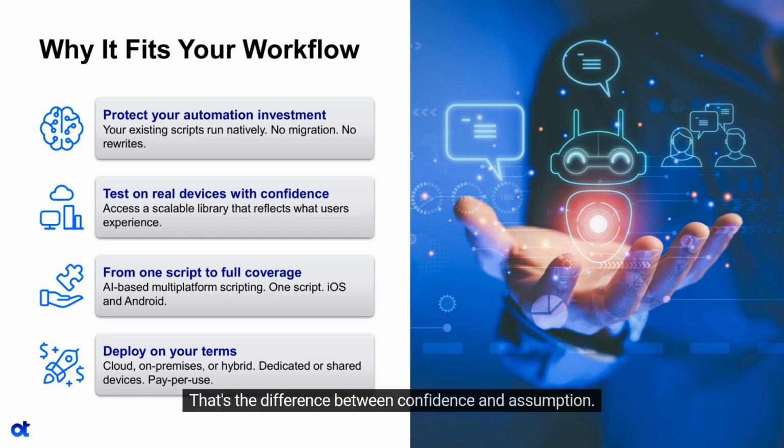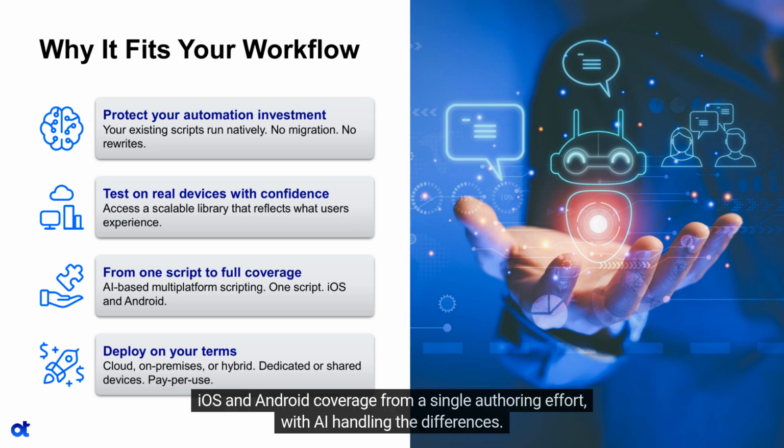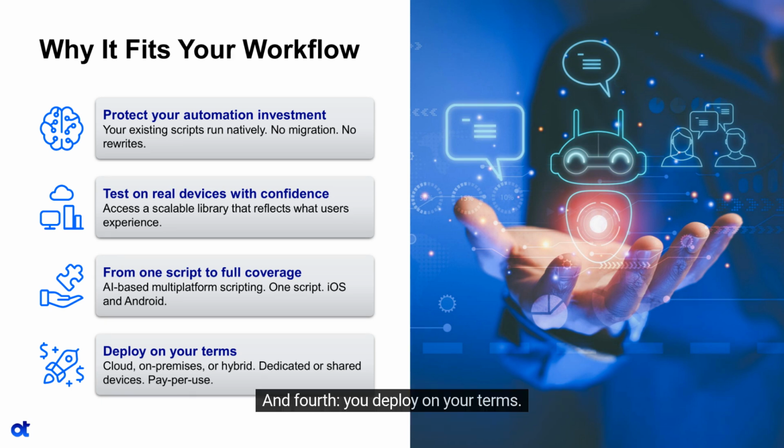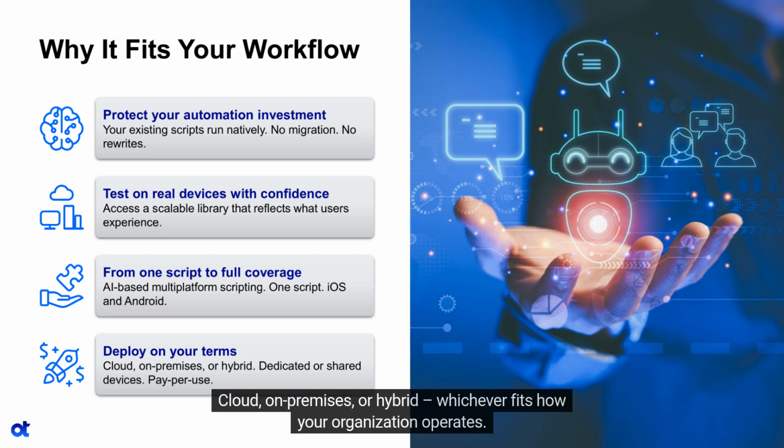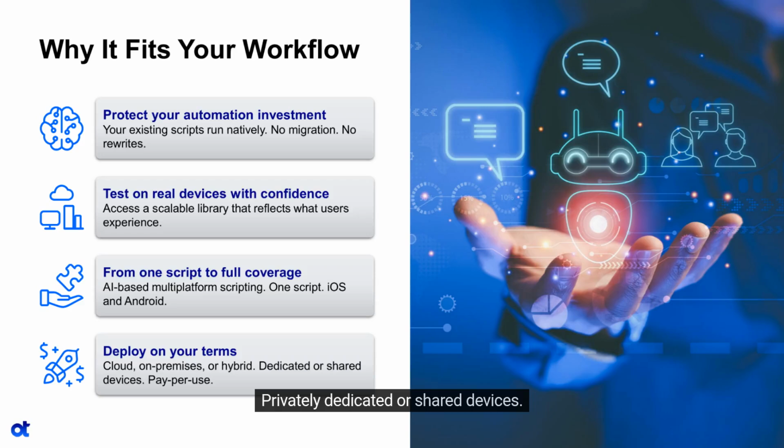That's the difference between confidence and assumption. Third, one script runs across platforms, iOS and Android coverage from a single authoring effort, with AI handling the differences. And fourth, you deploy on your terms, cloud, on-premises, or hybrid, whichever fits how your organization operates. Privately dedicated or shared devices. Pay-per-use pricing. The flexibility is real.